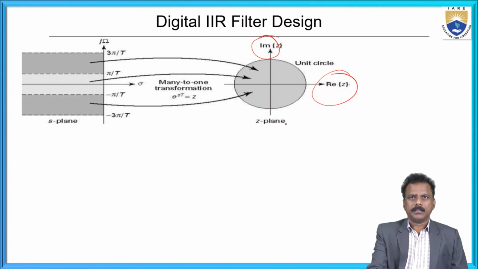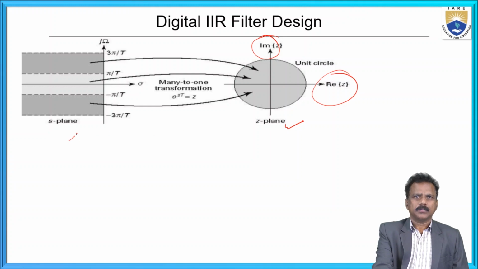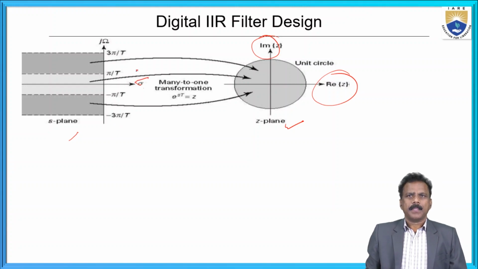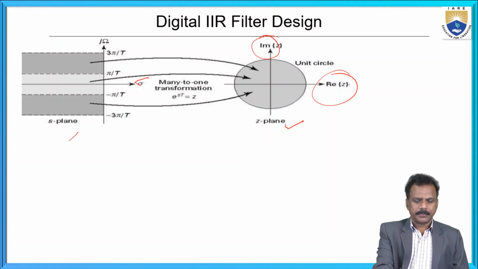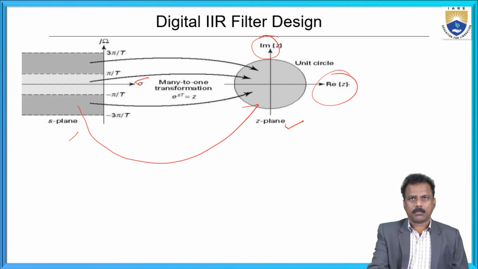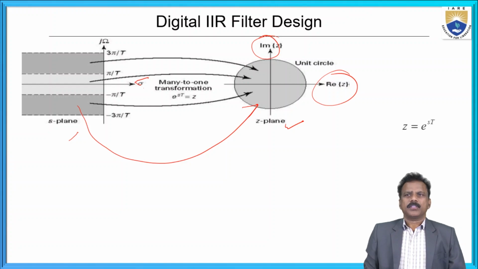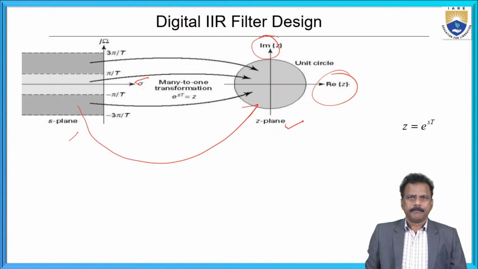So with the Z plane put in the S plane, sigma versus j omega, like this. It is a many to one transformation, e power sT into Z, from the S domain to the Z domain. So it is reflected: Z is equal to e power sT.